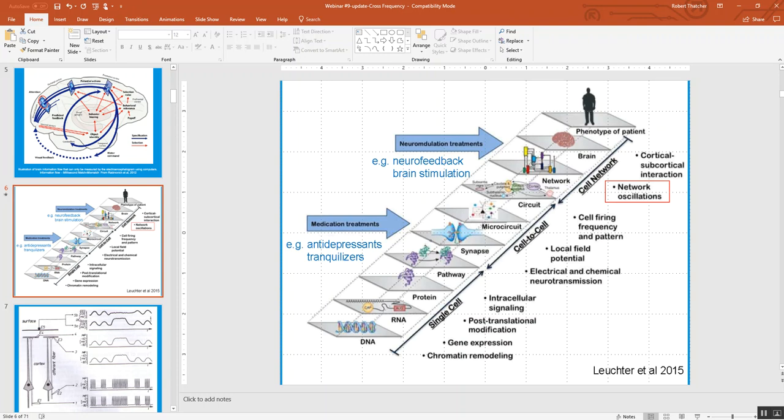So this is an interesting way to see this biological spectrum, and neurofeedback is primarily involved with the circuits and the networks, and quantitative EEG as well, where there's network oscillations, and we're going to go into a little detail of how neurons are selected to mediate a given function at a given moment of time.